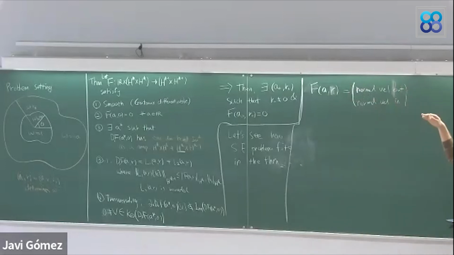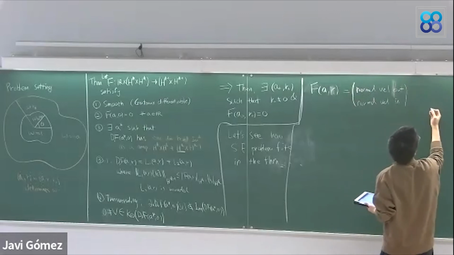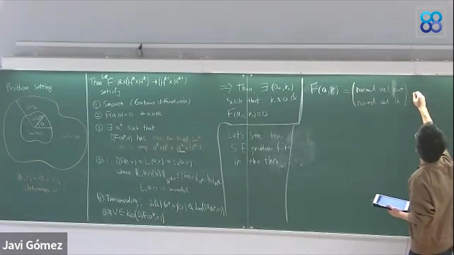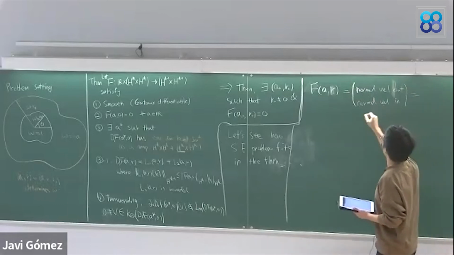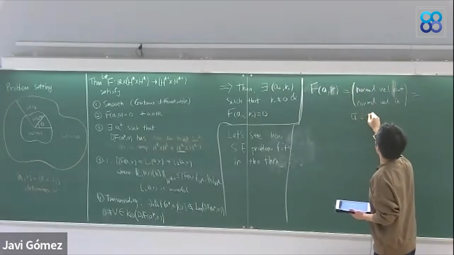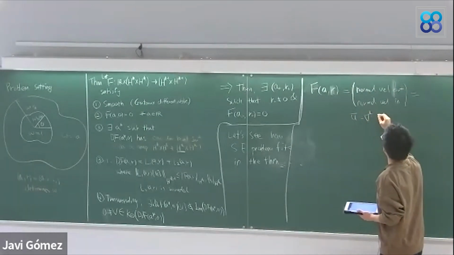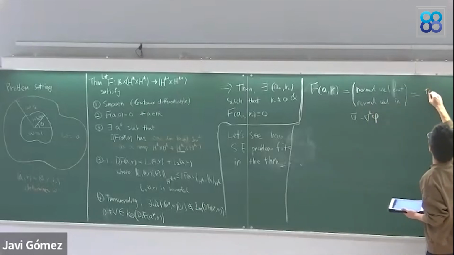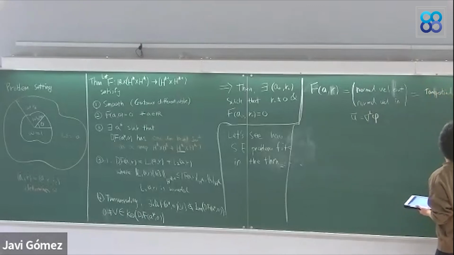So it's like a vector consists of two components, and in other words, because the normal vector is the gradient of the stream function, this can be thought of as a tangential derivative of the stream function.